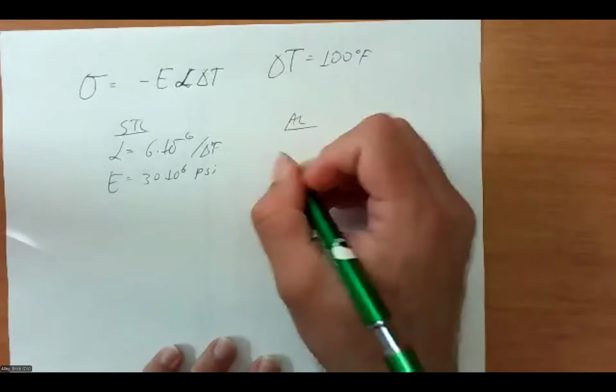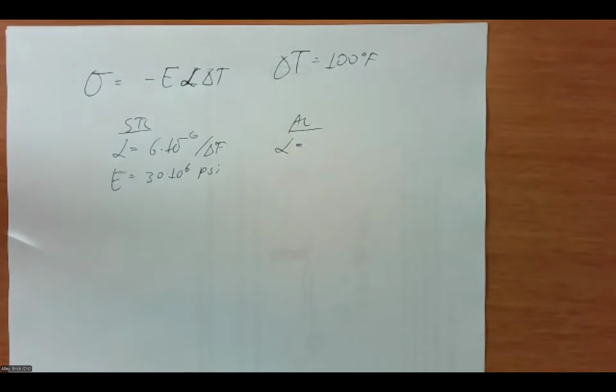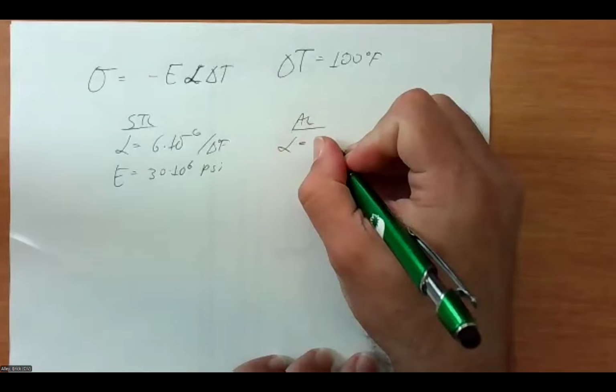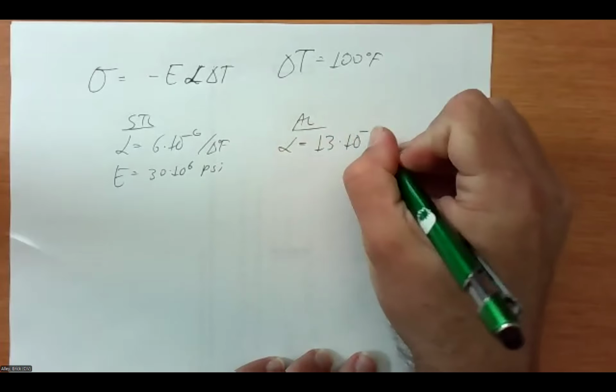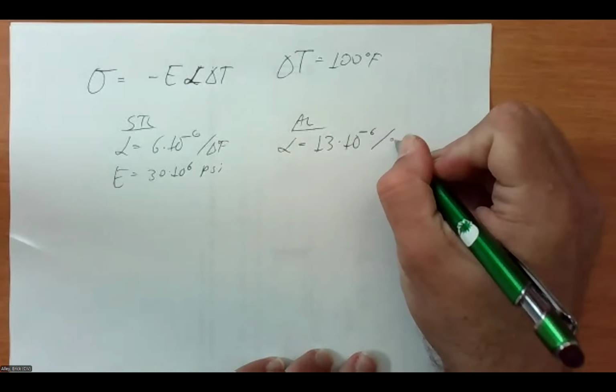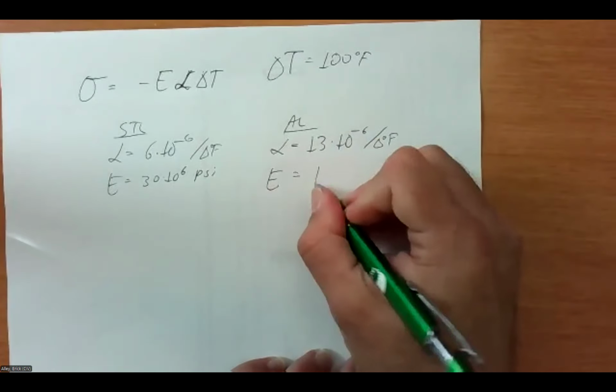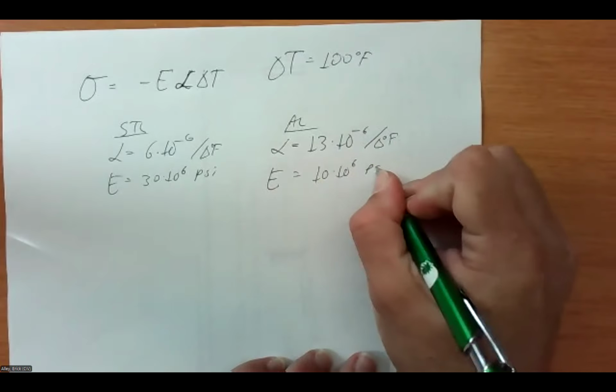On the aluminum side, I've got an alpha that's going to be a little bit higher: 13 times 10 to the negative 6 per degree change, and a modulus of 10 times 10 to the 6 PSI.